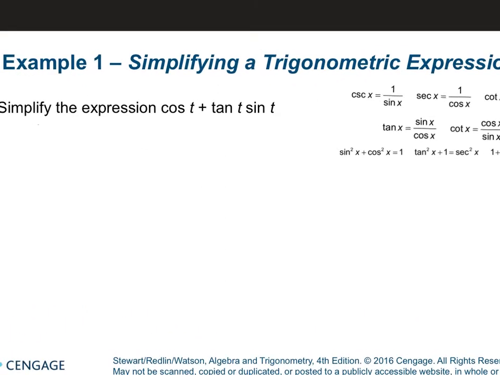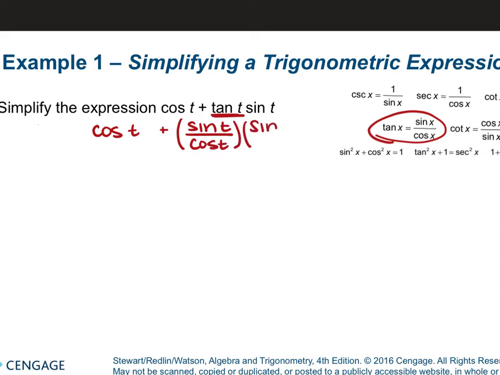However, your tangent t, we can change by using tangent t is equal to sine t over cosine t. When we do this, I'm going to leave everything else the same, but just change out this tangent t. So this is going to leave us with cosine t plus, I'm changing out that tangent t to be sine t over cosine t, and we multiply this by sine t over 1.